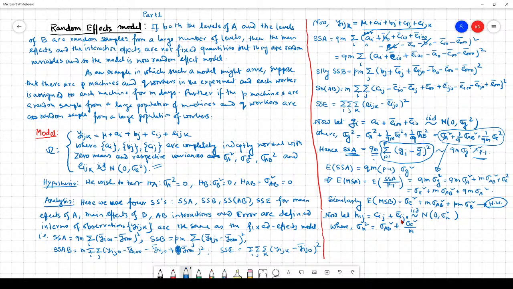This is the variance of Eij not bar. And since Cij and Eijk are independent, the covariance part is 0.